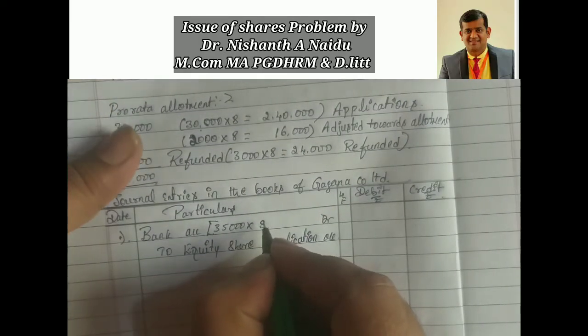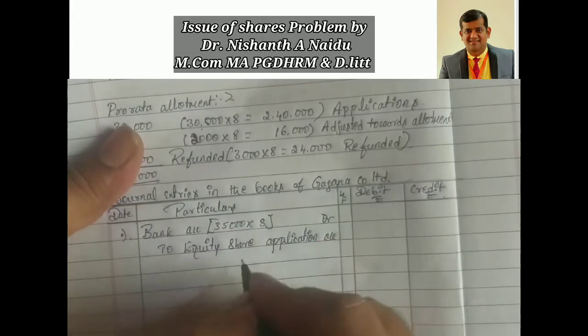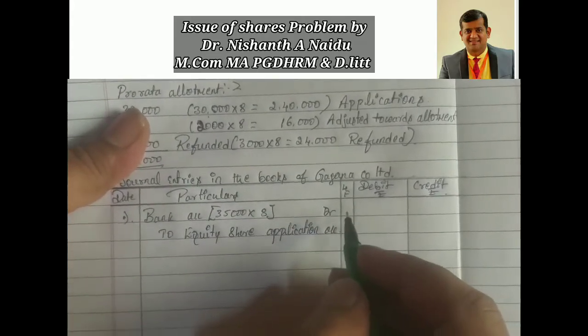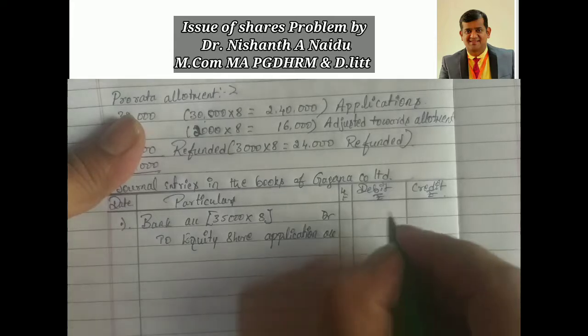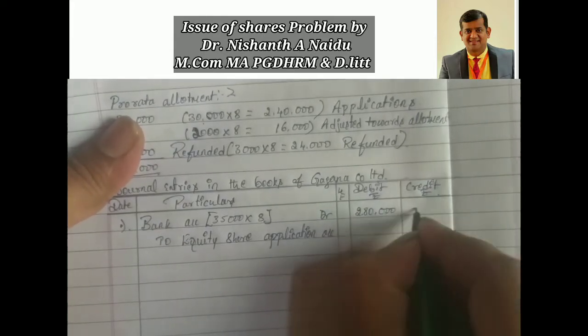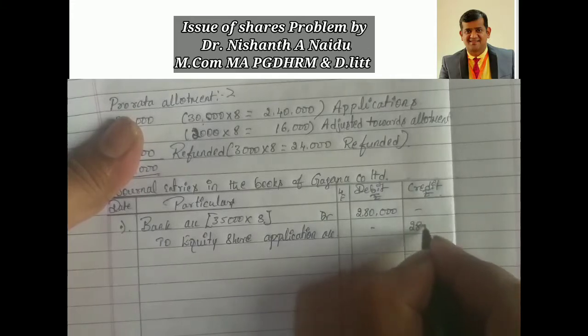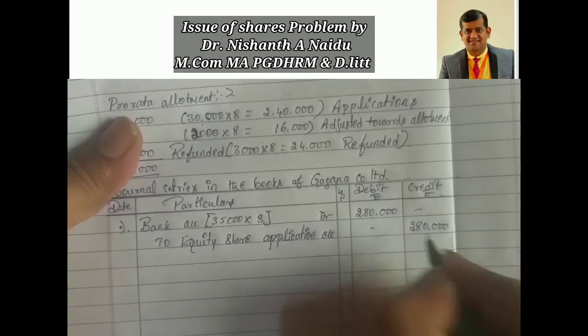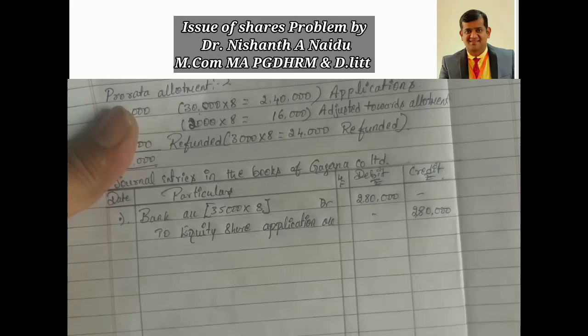That comes to 2,80,000. Calculate it in the calculator: 2,80,000.